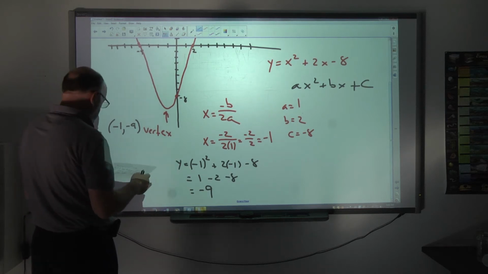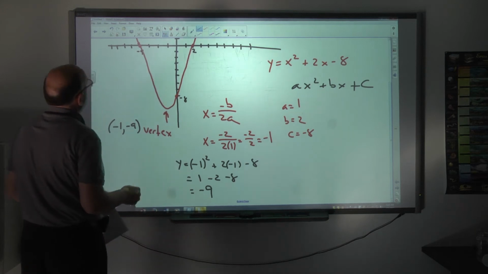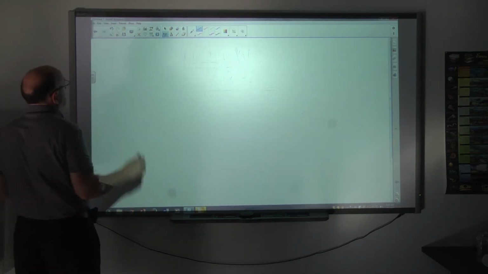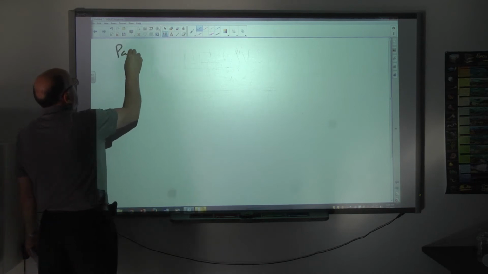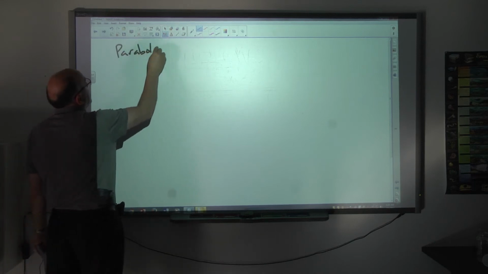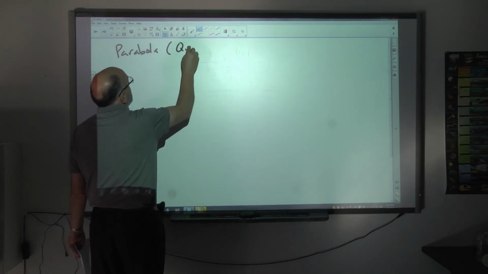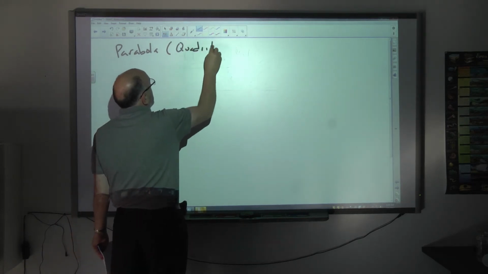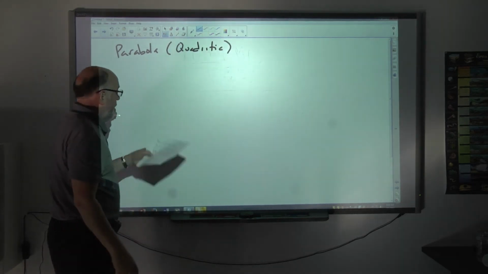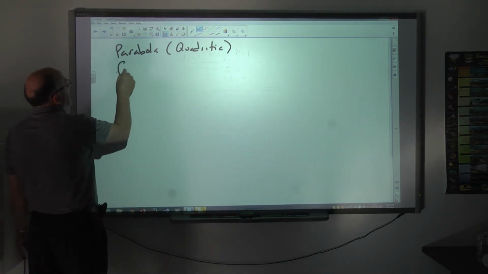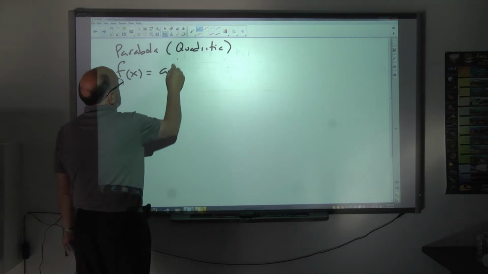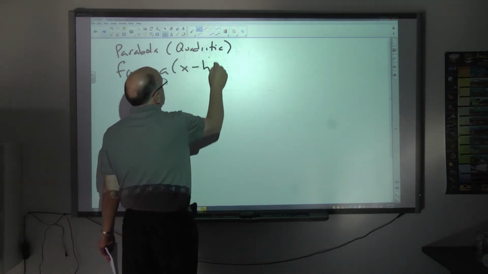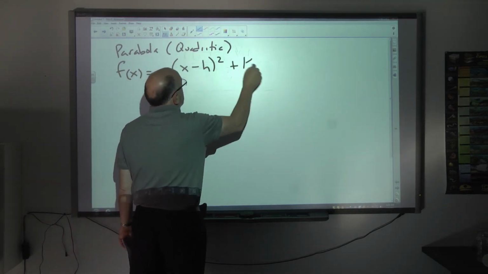So in terms of quadratics or parabolas, a parabola is a quadratic equation. One way of writing them out is f of x equals a times (x minus h) squared plus k.